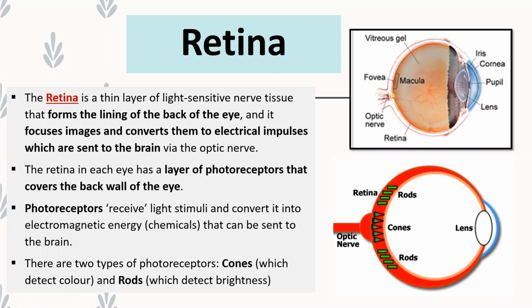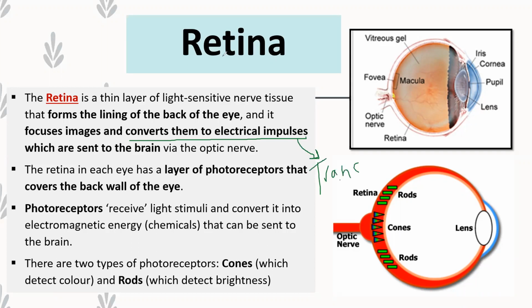And the retina converts those images, that image related information, that visual information, to electrical impulses. And if you remember, the day before, when we were learning about the different processes involved, the process relating to converting raw data to a form that the brain can use is actually called transduction.